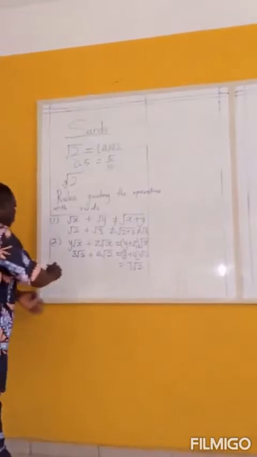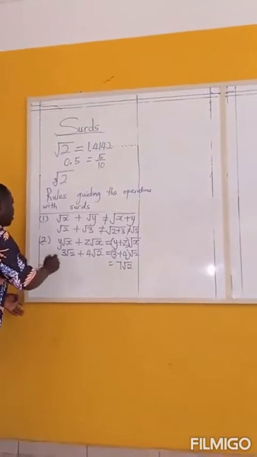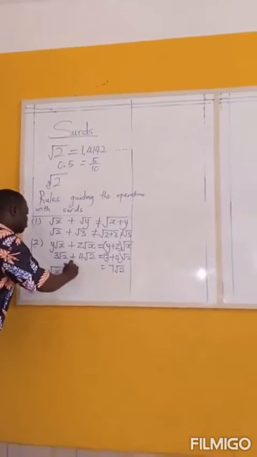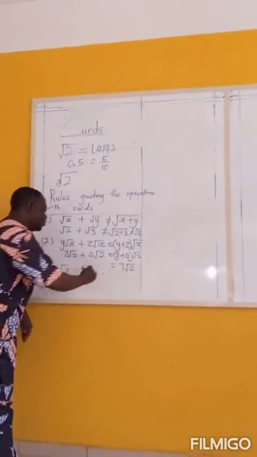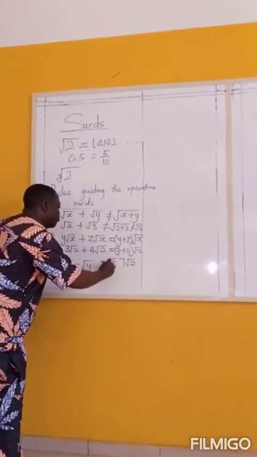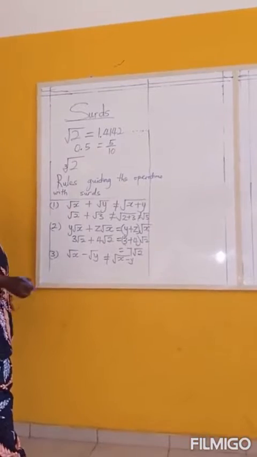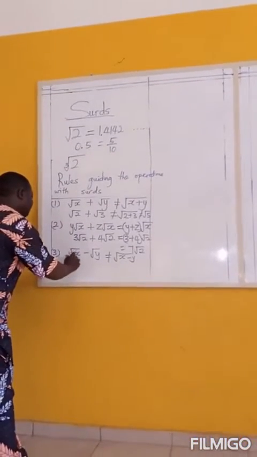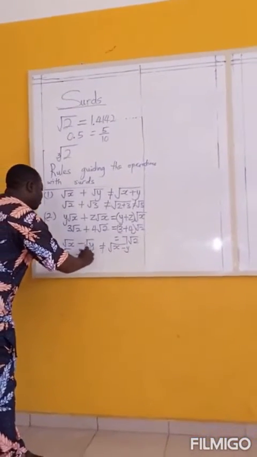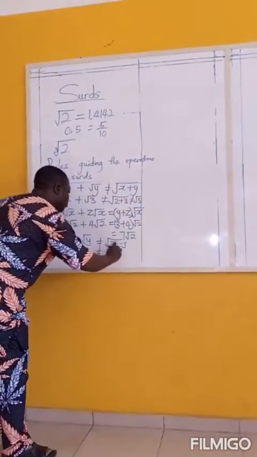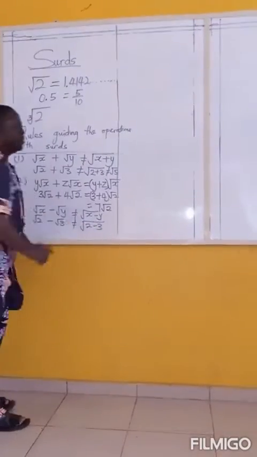Then another rule states, under subtraction, root x minus root y is not the same thing as root x minus y, just like this addition. So for instance, root 2 minus root 3 is never the same thing as root 2 minus 3.